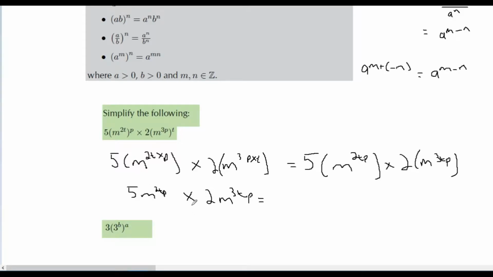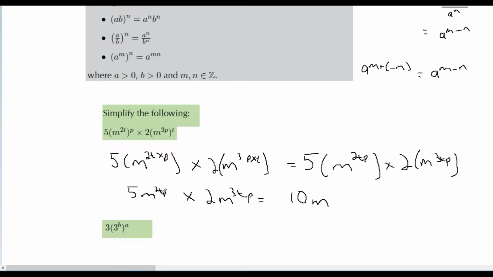But we're multiplying. If this was an add, we wouldn't be able to add them, right? But since we find the product of the two, we can say that 5 multiplied by 2 is 10, right? And then our base stays the same.